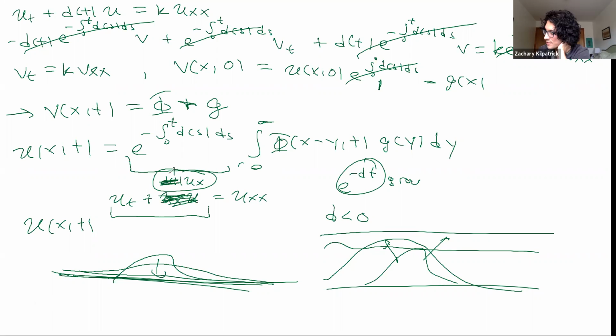So let's say this is just a constant. Then you have the transport operator on the left, and so I think you can do something like v, if v is of the form v of x minus ct, t or something like that. Then that v, I think, satisfies the heat equation.